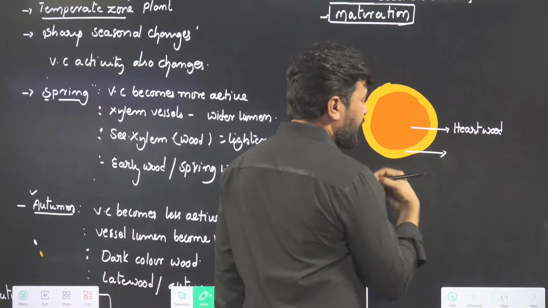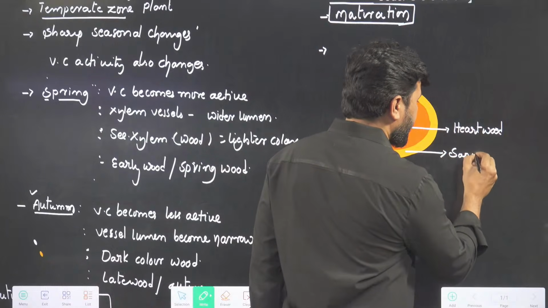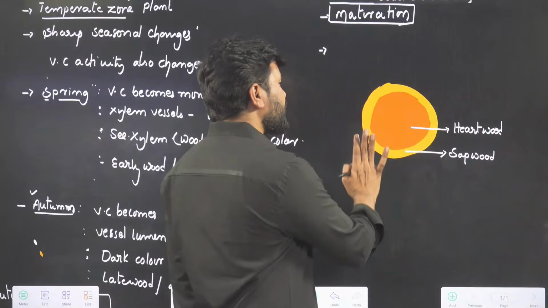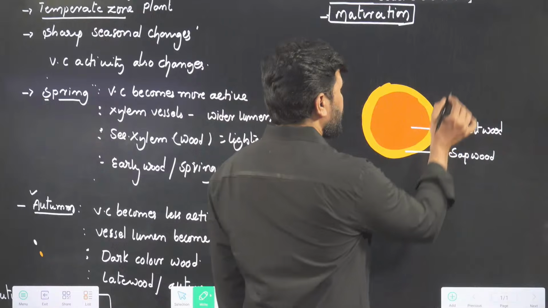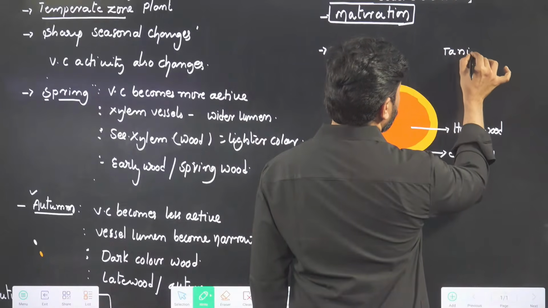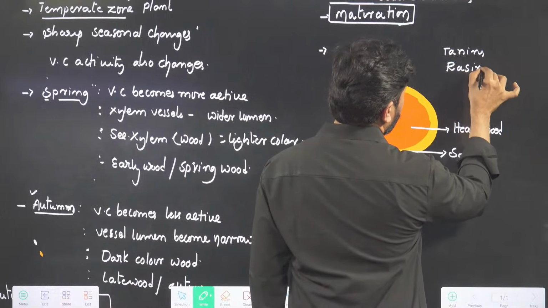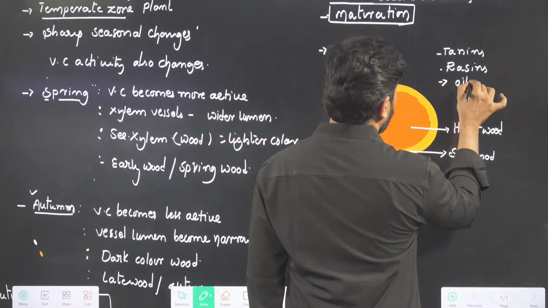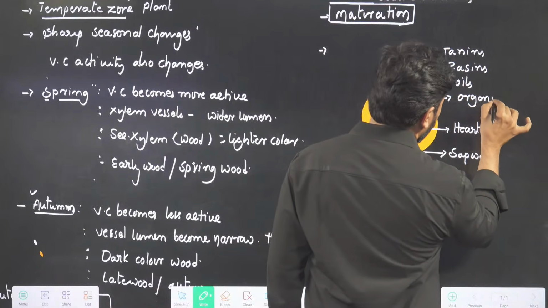Peripherally located light color wood is known as sapwood. Now the question will come: why is this heartwood dark in color? It is dark in color due to deposition of tannins, resins, and also essential oils, and some variety of organic compounds.